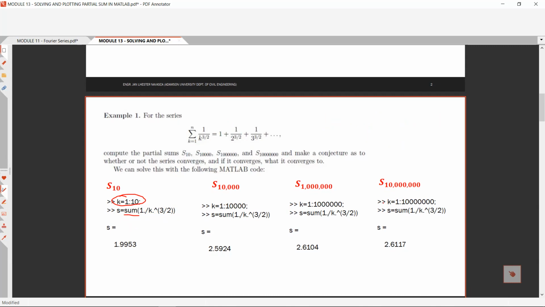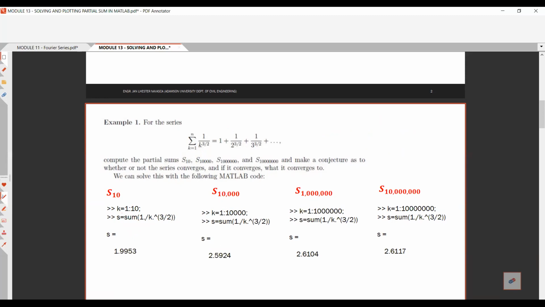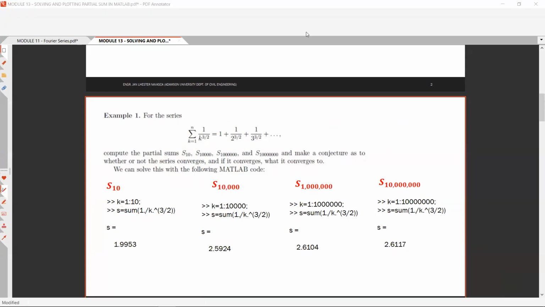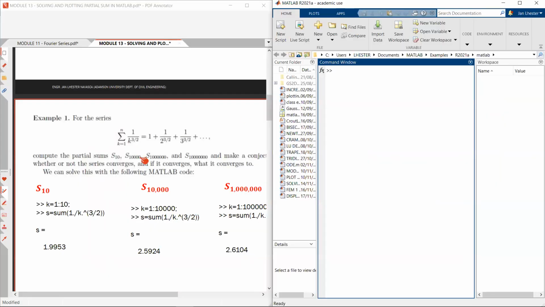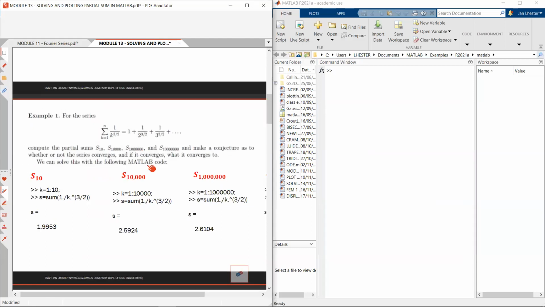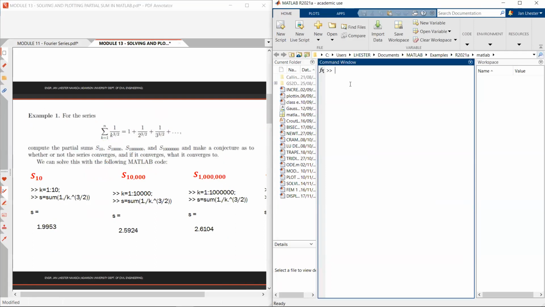Let's try first the partial sum S sub 10. We open this side by side with Matlab. We are doing a partial sum of 1 over k raised to 3 halves with n equals 10, so our k will be from 1 to 10.